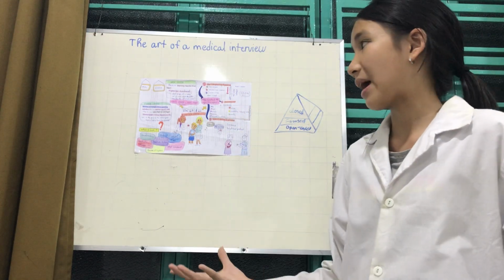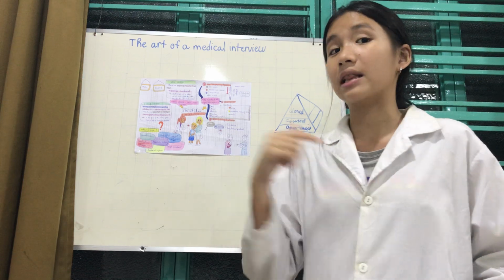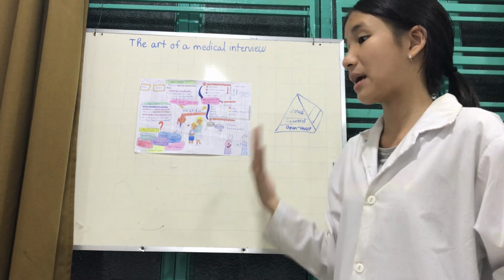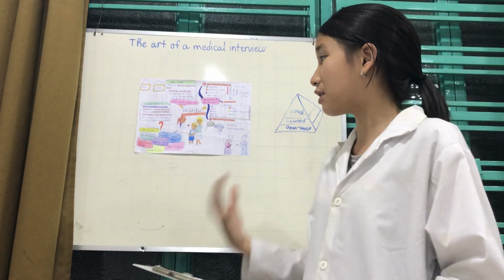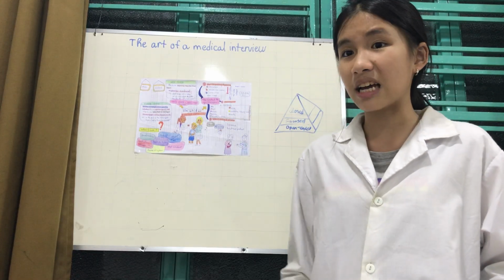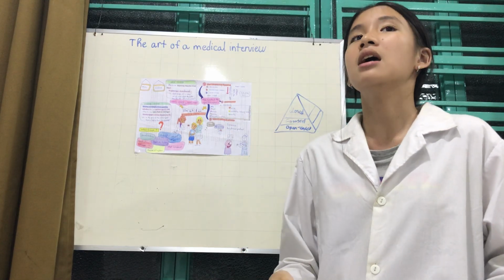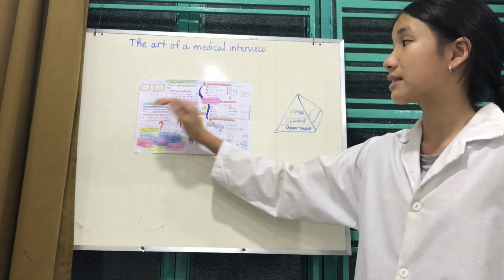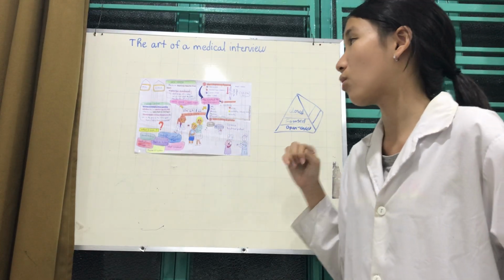So for example, I might be asking my patient, is the pain on the left or the right side? Or I could be asking them, have you had a fever since yesterday? Or has your temperature significantly increased last evening? Things like that. So that is an example of a closed-ended question.